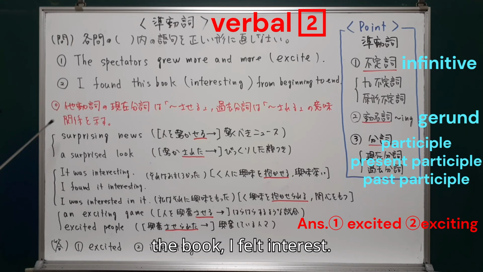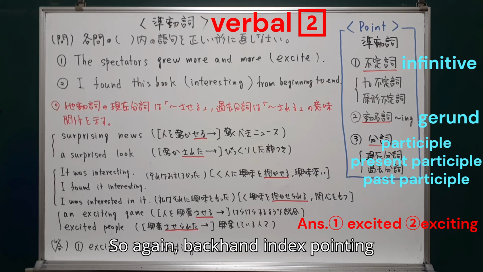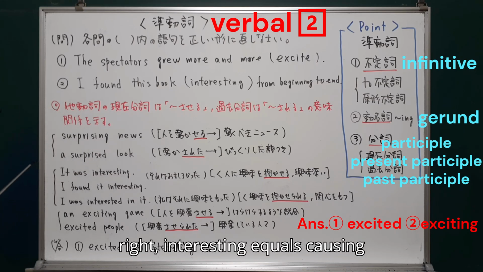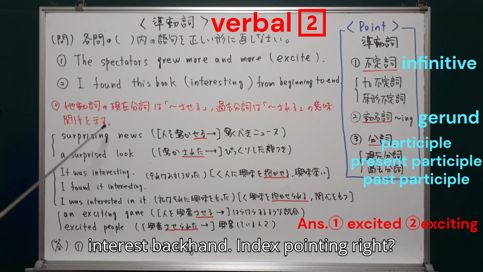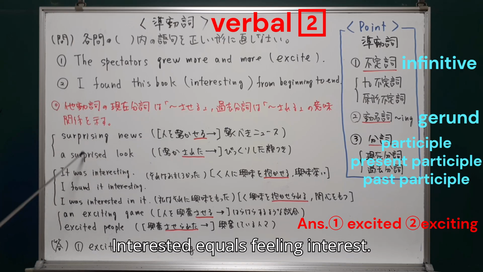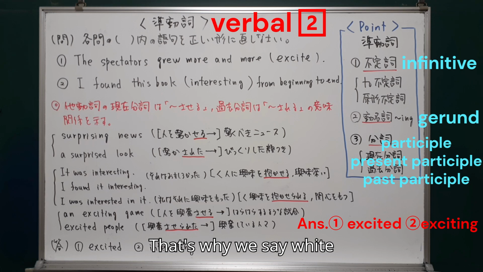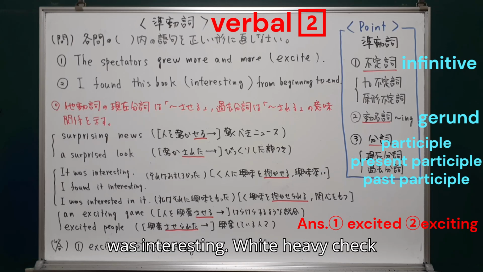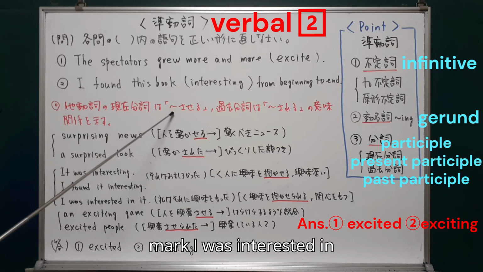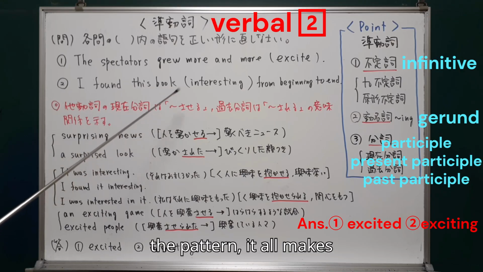So again, interesting equals causing interest. Interested equals feeling interest. That's why we say, the book was interesting. I was interested in the book. Once you see the pattern, it all makes sense.